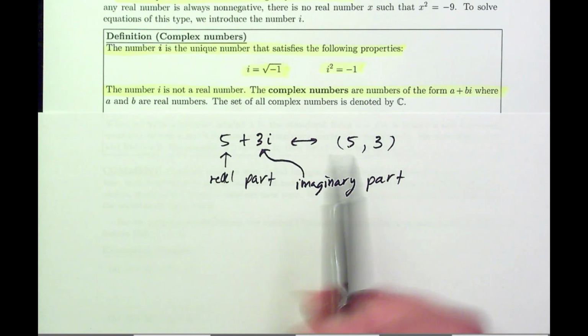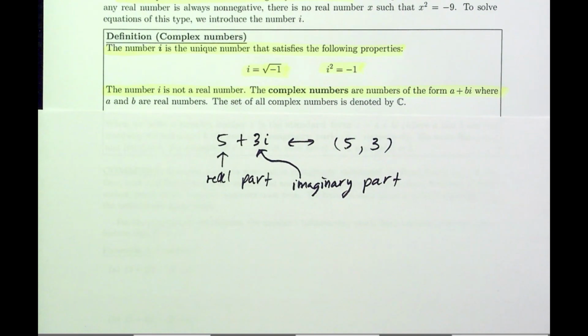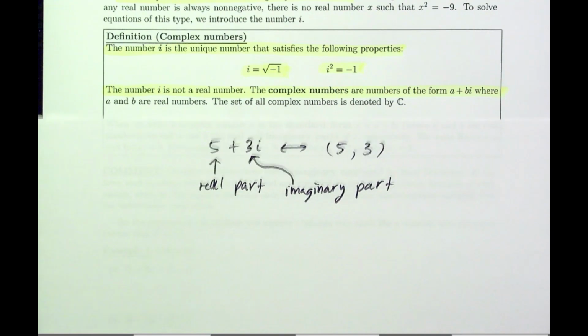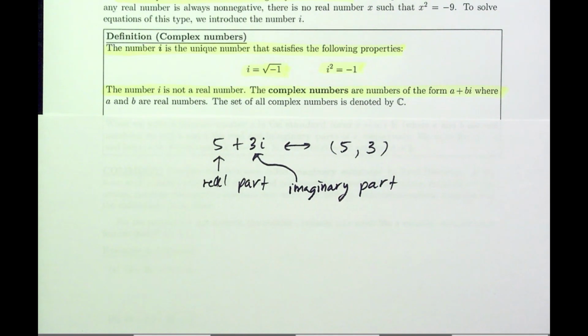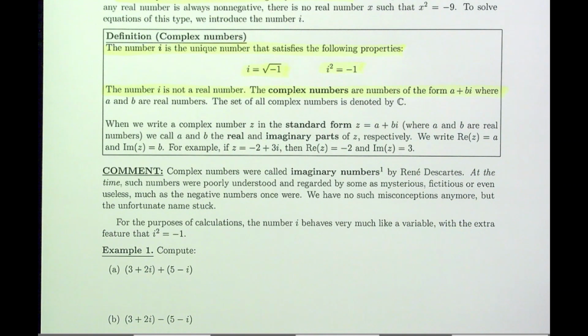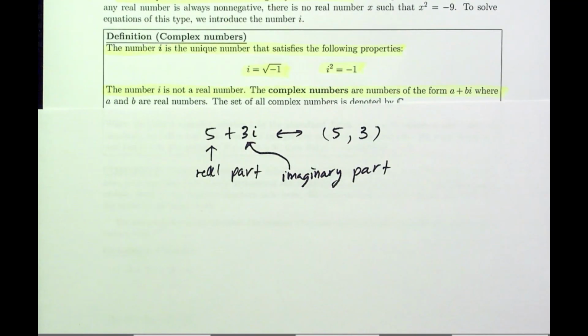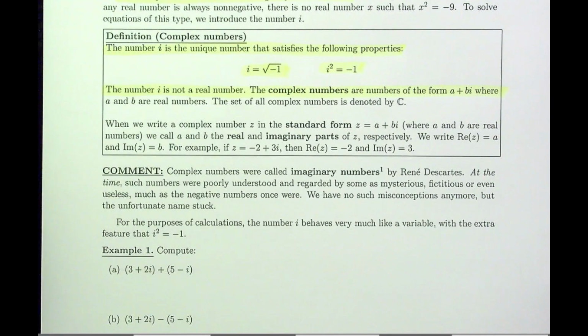In fact, so much so that the Cartesian plane that you're probably familiar with by now is sometimes called the complex plane, when you want to think of points in the plane as complex numbers. From that point of view, we call the Cartesian plane the complex plane.